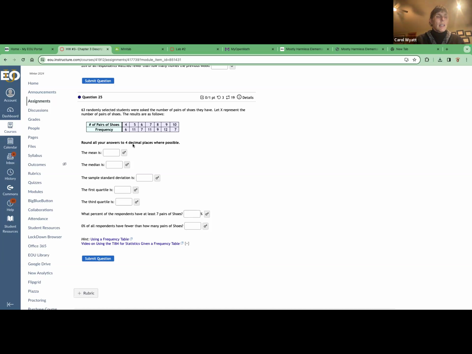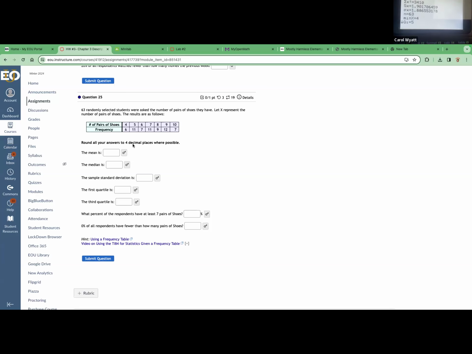And then I'm going to hit stats, go to calculate, choose one variable statistics. My list is in list one and my frequencies are in list two. So it should look like this on my calculator. I hit calculate, and up is going to come a whole list of statistics for me. The average number of pairs of shoes, the mean, is 7.1111.